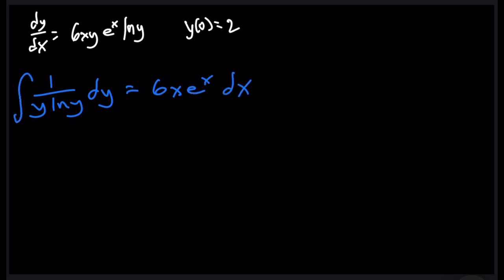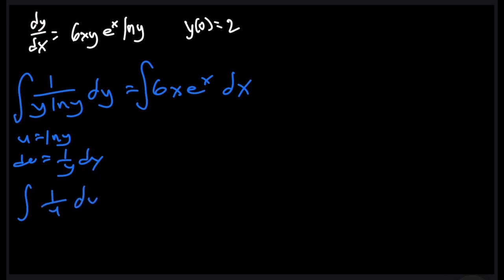We can take the integral of both sides. And here, for this integral, we can set u equal to ln of y, du equals 1 over y dy. And so from there, this integral is going to be the integral of 1 over u du. And that's going to get you to the natural log of the natural log of y, plus c, of course, but we're just going to keep that on the right side.